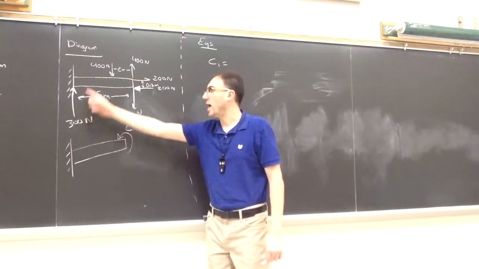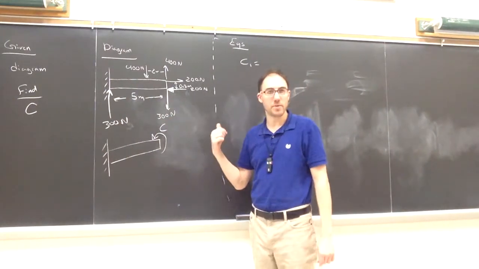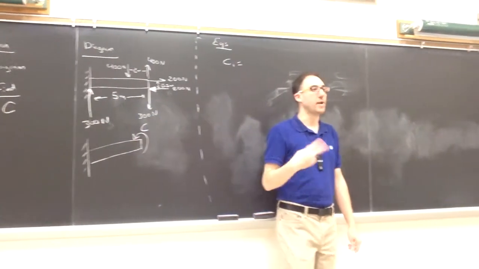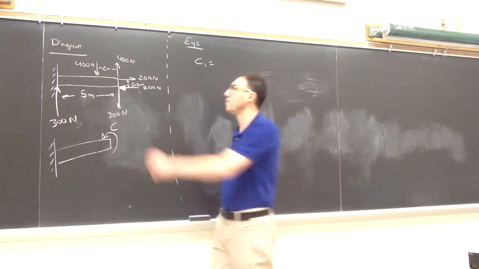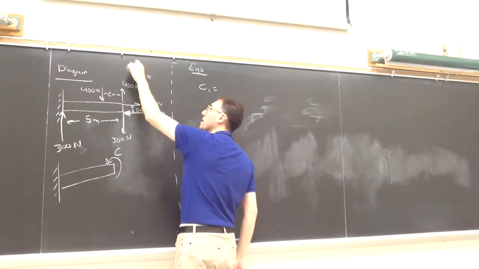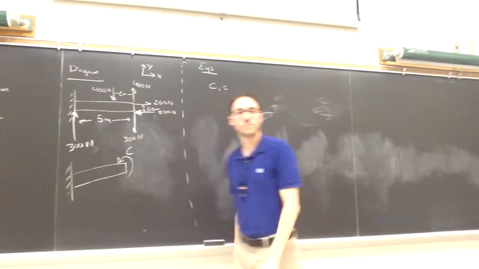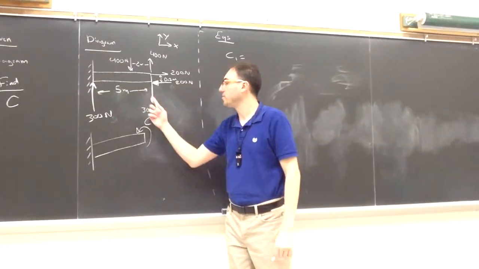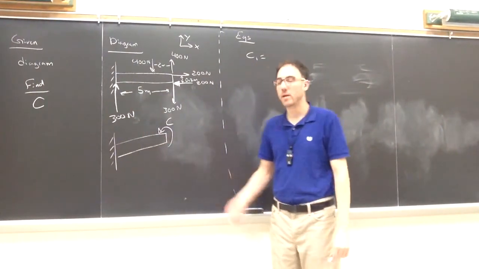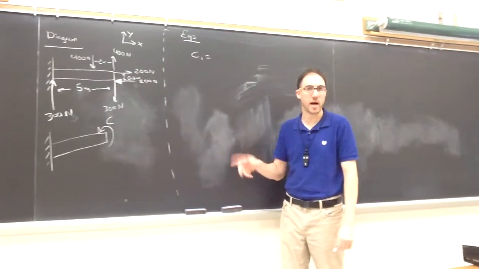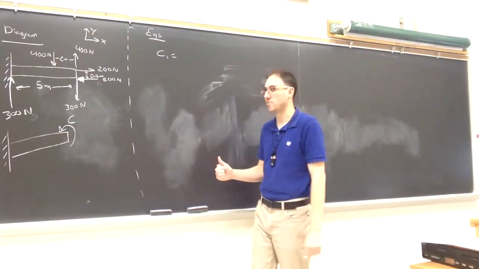So I have a 300 up, I have a 300 down, so they are the same magnitude, and they're in opposite directions. One's in the positive y, and one's in the negative y. So this 300 Newton pair forms a couple, because again, those 2 rules apply. They're equal magnitudes, but opposite directions.